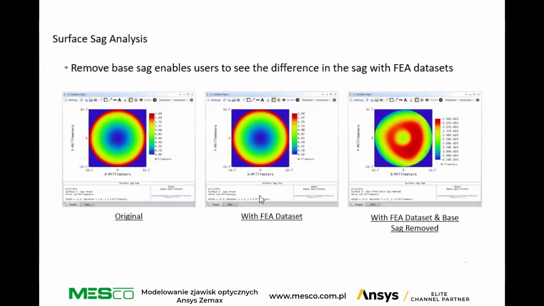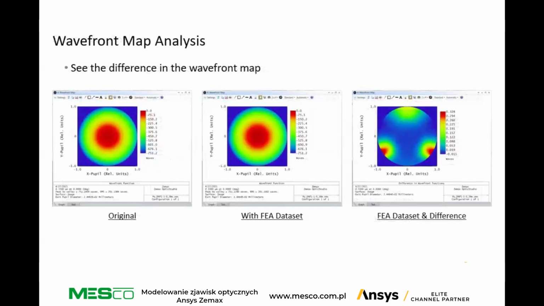When we add this data set of deformation, we have a different one. And if we remove it, the sag of the lens will be different because we are deforming or changing the shape of the lens. And the same, we can see the difference in the wavefront.